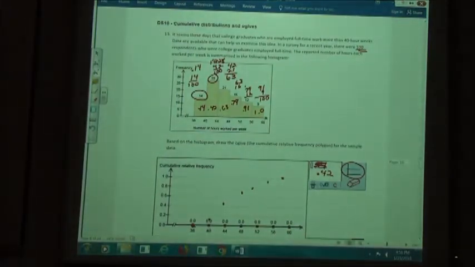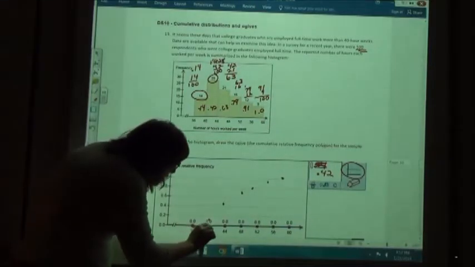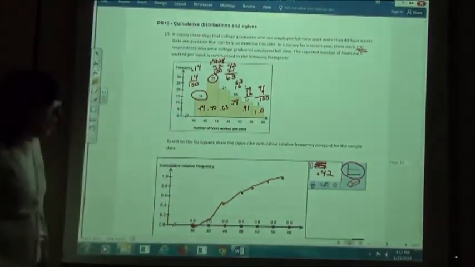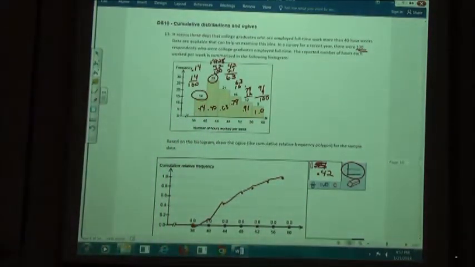So, first one should be at 0, then I should just add up my cumulative one, and again, those are all going to be connected with little lines as you go and end up at the top, but you won't have to draw the lines.